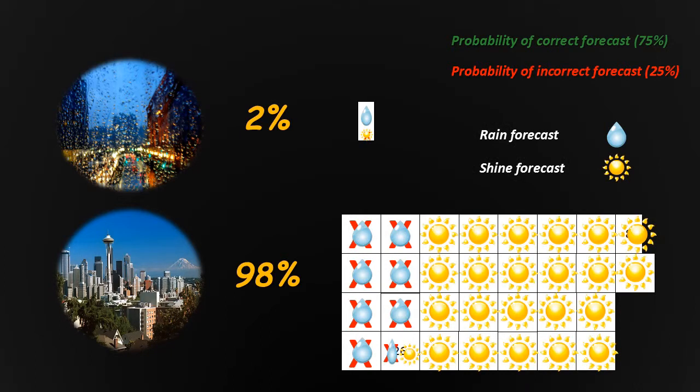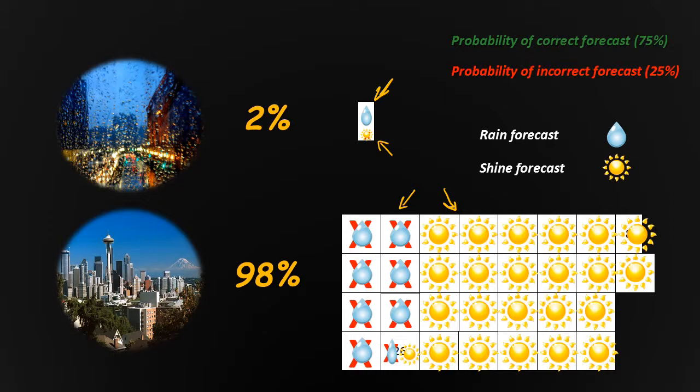I know I did that quickly, but notice up here on rain days, the correct forecast is a rain forecast and an incorrect forecast is a shine forecast. Down here on shine days, the correct forecast is shown with suns and incorrect forecasts have raindrops. I'm not going to do the math in this case because I think this picture drives home the point better.